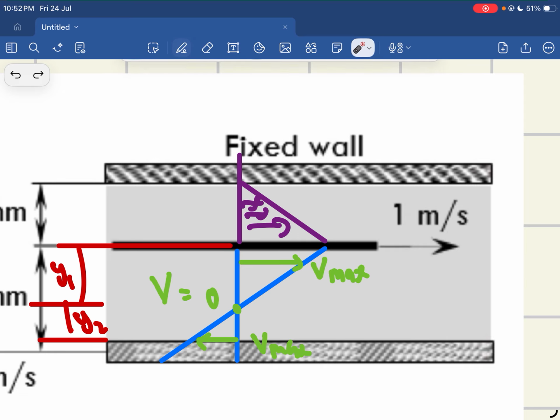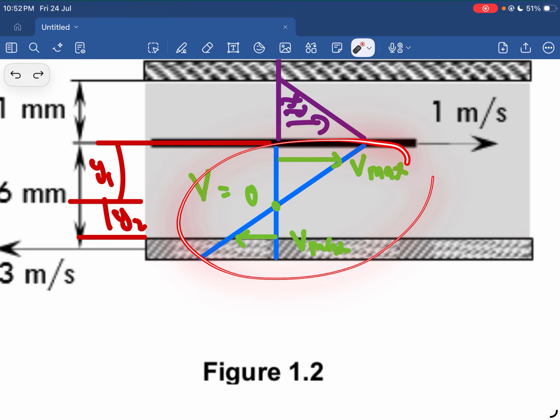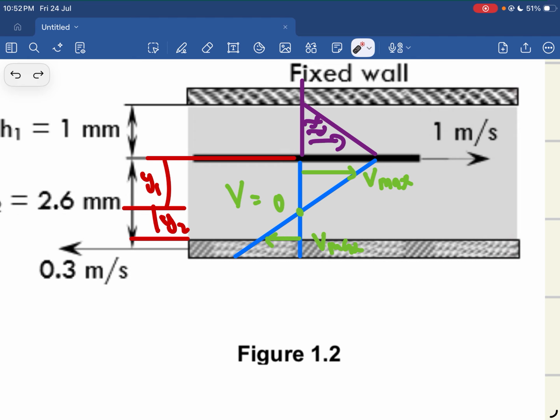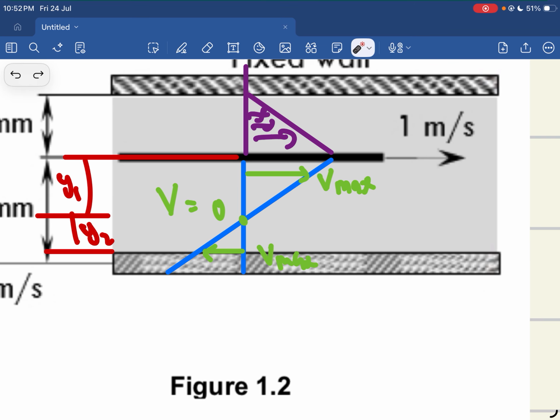But in the region below, since you have two plates moving in different directions to each other, at a certain point between these two plates there will be a zero velocity.